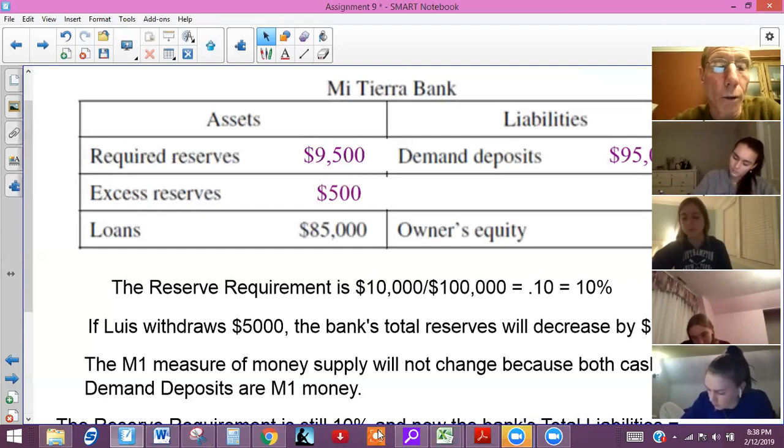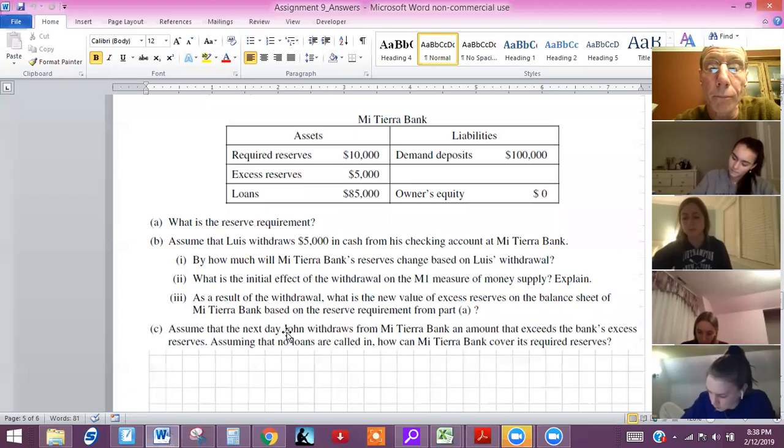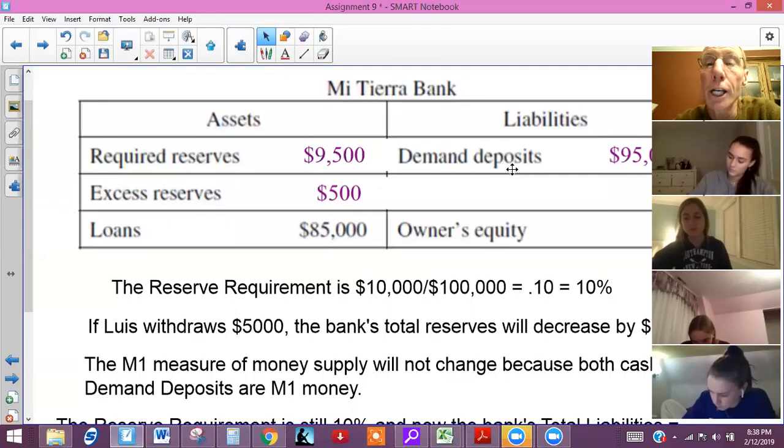This is also interesting. What they're asking here is when money is withdrawn. This is sort of a weird question, because when money is withdrawn from here, it means that this number right here gets lower, which means the required reserves gets lower.